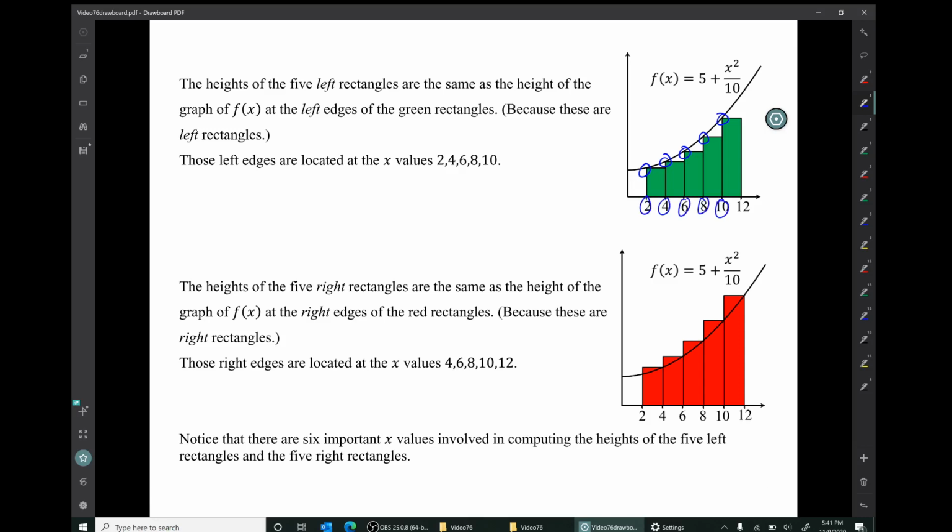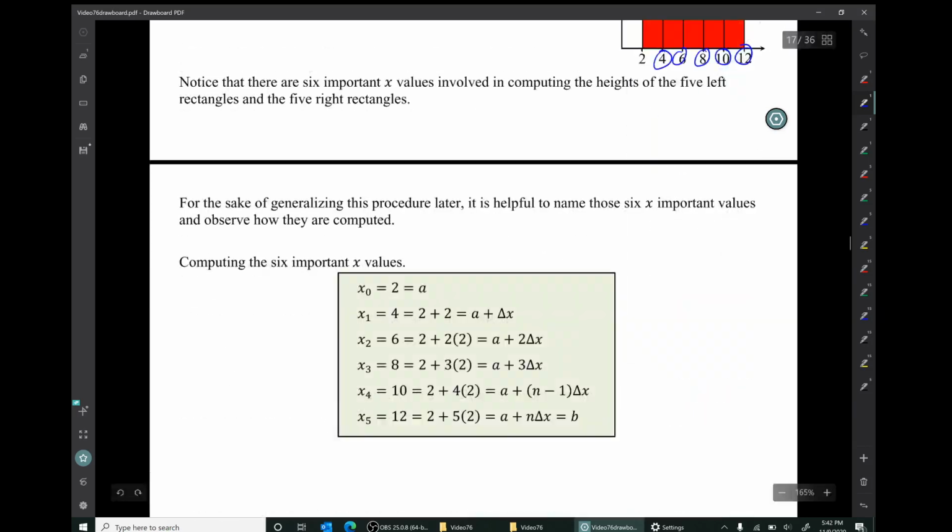On the other hand, the heights of the 5 right rectangles are the same as the height of the graph of f of x at the right edges of the red rectangles, because those are right rectangles. Those right edges are located at the x values 4, 6, 8, 10, 12. So notice that there are overall 6 important x values involved in computing the heights of those 5 left rectangles and the 5 right rectangles.